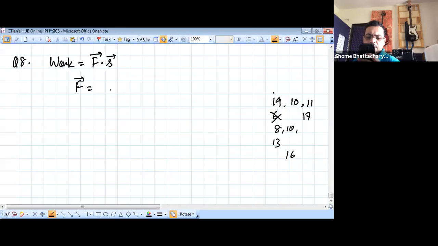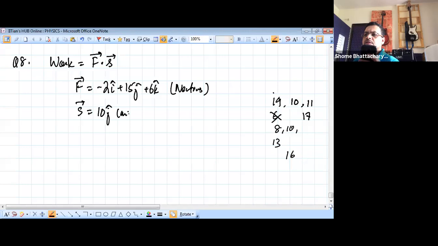Force in question 8 is given as minus 2 i cap plus 15 j cap plus 6 k cap in newtons, and displacement is given as: the body is constrained to move along the y-axis and it moves by a distance of 10 meters, so it will become 10 j cap in meters.